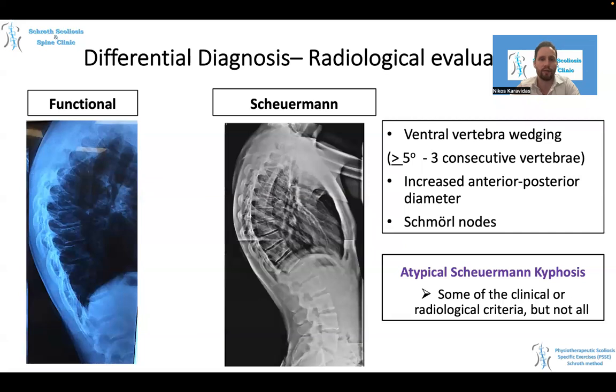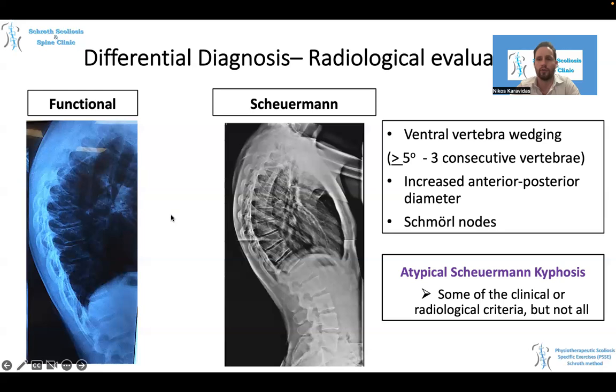So when you measure the angle between the upper and the lower platform of these consecutive vertebrae, you need to find an angle more than 5 degrees. There is another criterion on the X-ray, which is the increased anterior posterior diameter, and sometimes you can also see some Schmorl's nodes.